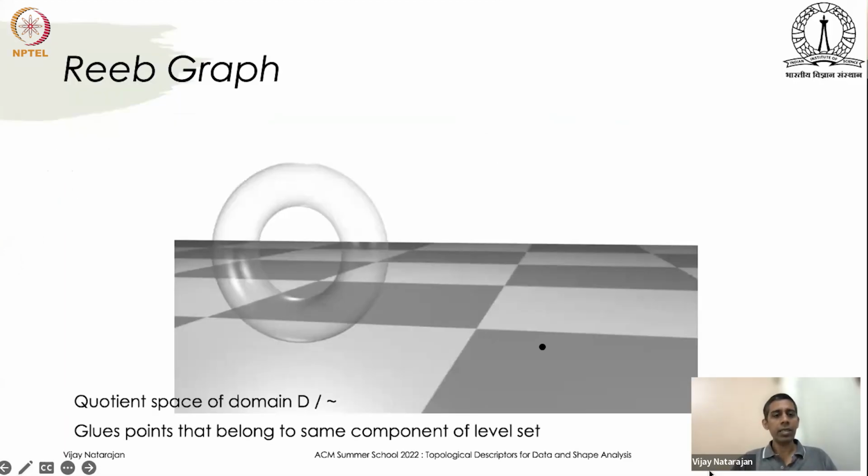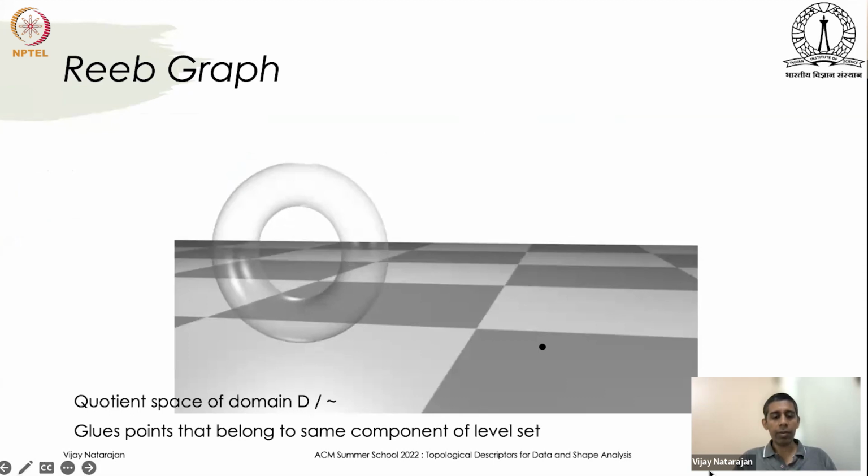The domain, it's a descriptor of the function as well, right? So we are going to talk about this topological descriptor, the Reeb graph, in a little bit more detail. To recollect, we had used this simple example of a height function defined on a torus, and we said that the Reeb graph is defined by taking the quotient of the domain using the equivalence operator.